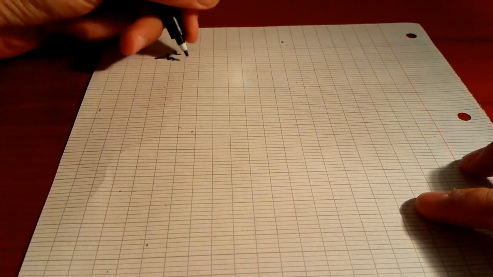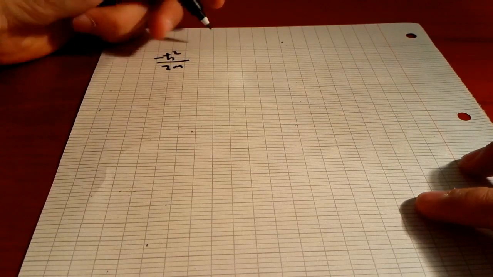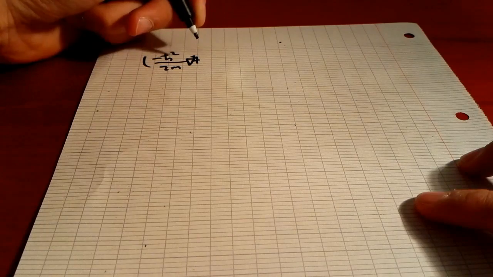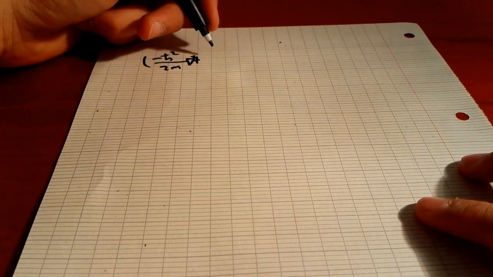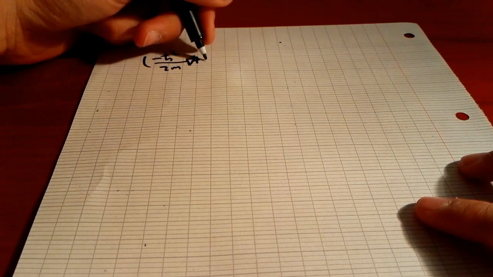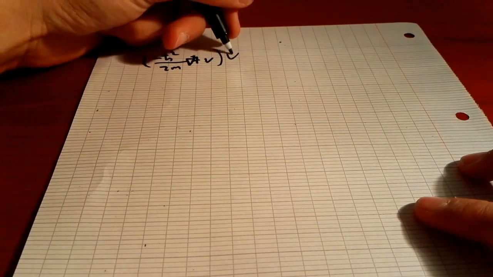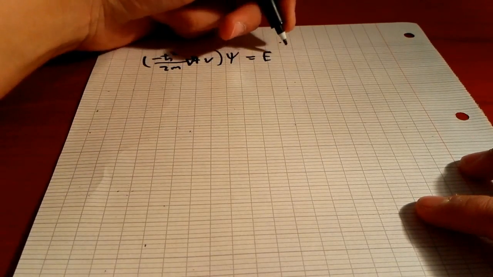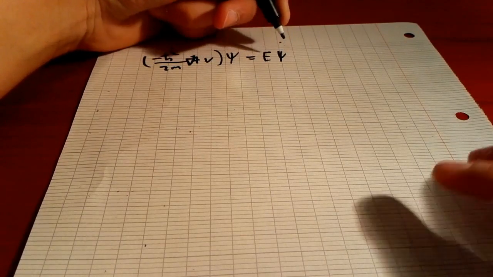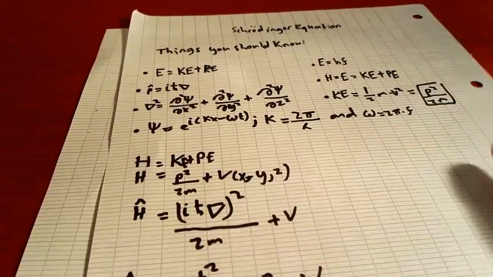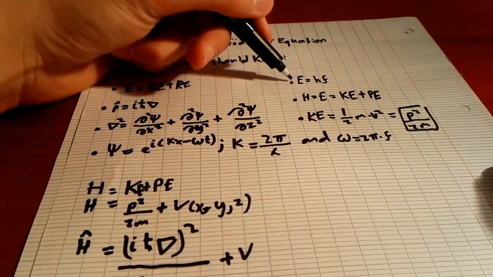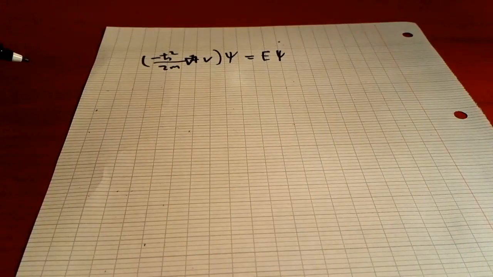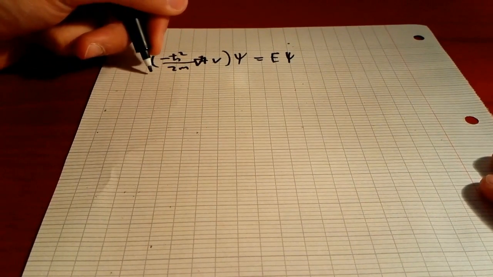Minus h bar squared over 2m multiplied by the gradient squared, the Laplacian term, plus v, all of it into psi. That would be equal to E psi. Now if we come back here, let's remember that E is equal to hf. So let's replace that.